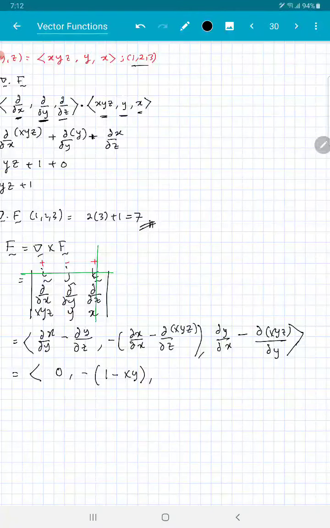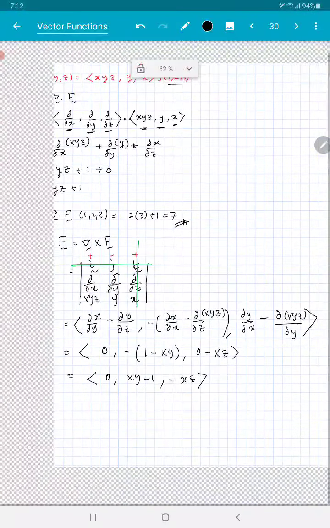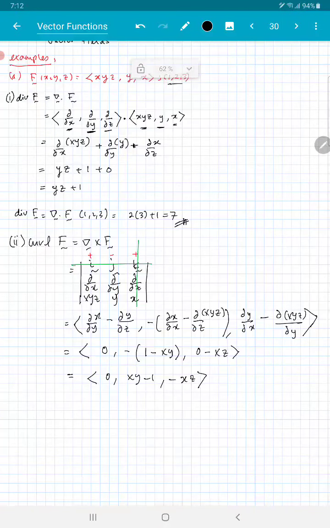For the z component, partial y of y is 1, minus the derivative of xyz with respect to y, that will give you xz. Now simplified, we have 0, xy minus 1, negative xz. So that is curl of f at any point x, y, z.